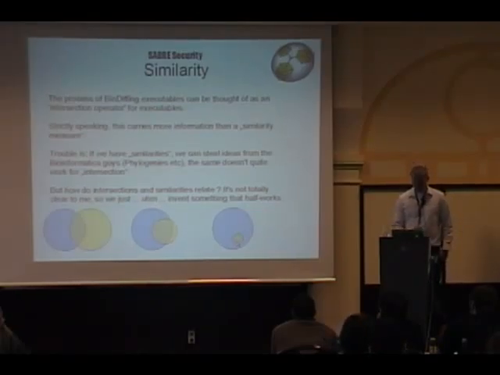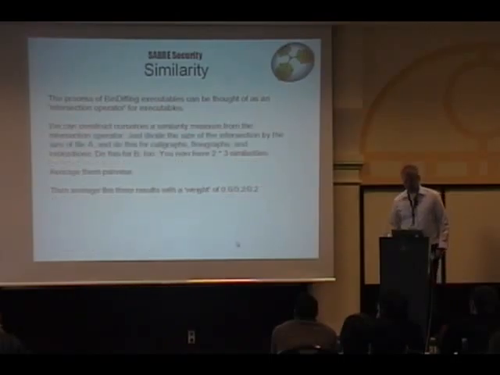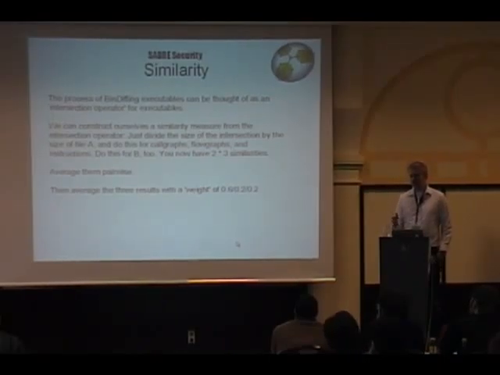So because we really couldn't get a clear idea on how to do this, we just invented something that half works and that is really stupid. The idea is that you calculate these similarities or this intersection on the call graph level, on the function level, and on the instruction level. And then you divide these values by the size of the executable as a whole, and then you have 3 similarities for each executable.